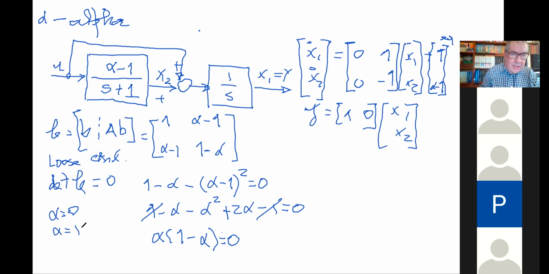In at least one of the cases, you can give one simple interpretation. Right now, without computing anything, what happens for that value, where the system becomes not controllable, in terms of the block diagram?